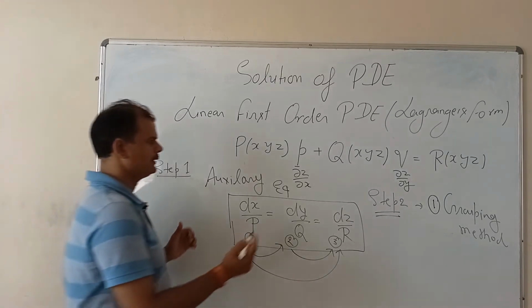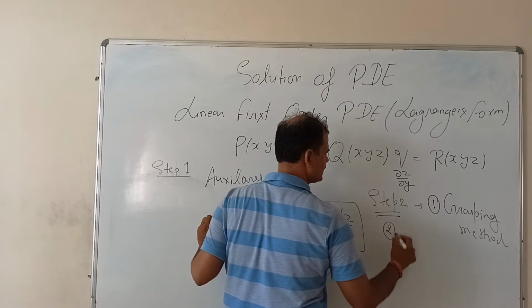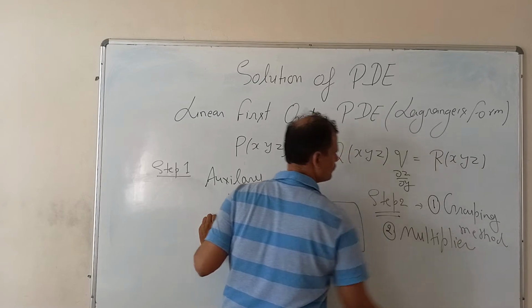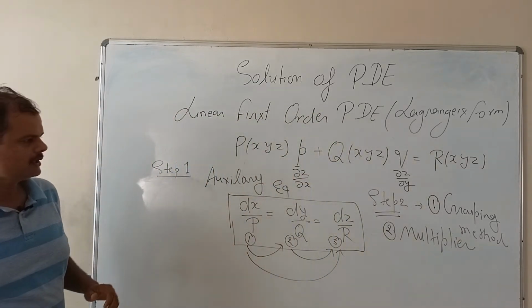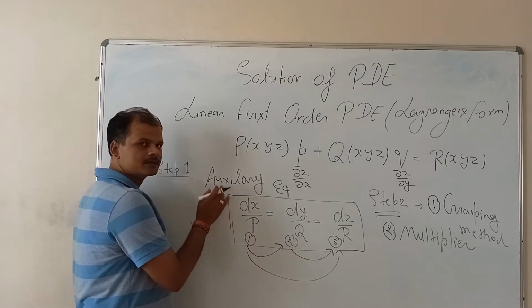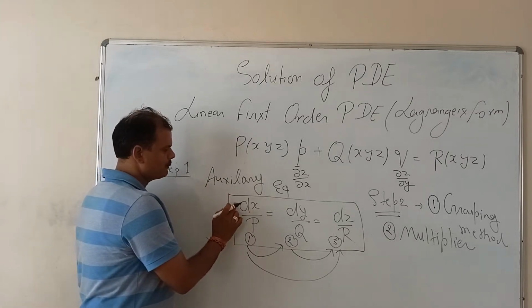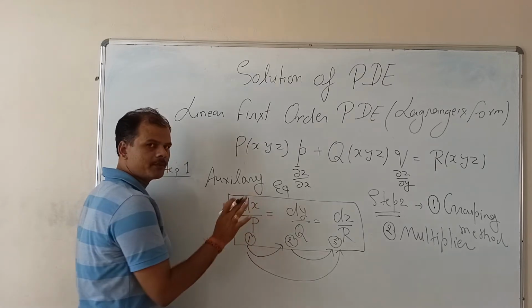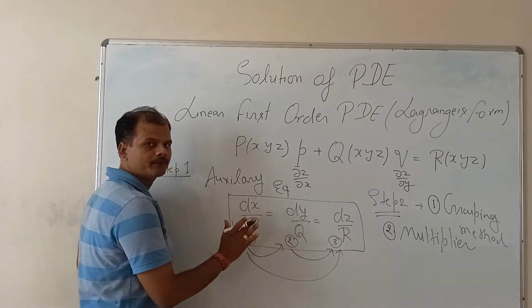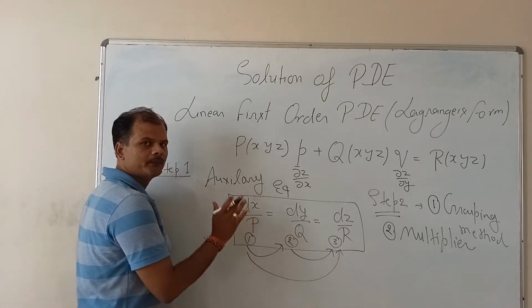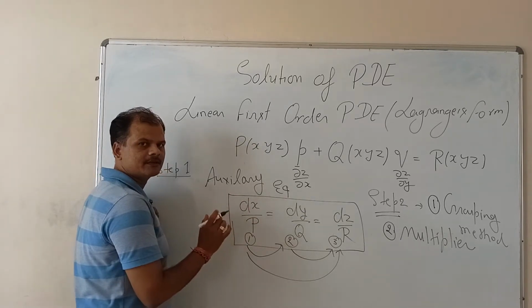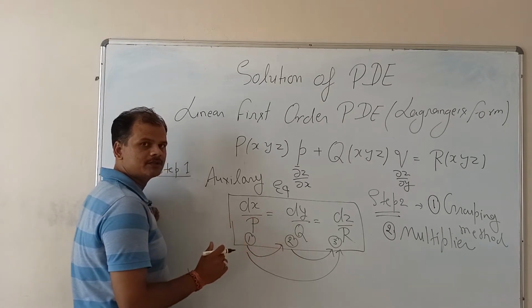Second one is the multiplier method. What is the multiplier method? We try to find some multipliers for each ratio in such a way that the denominator part will be 0.